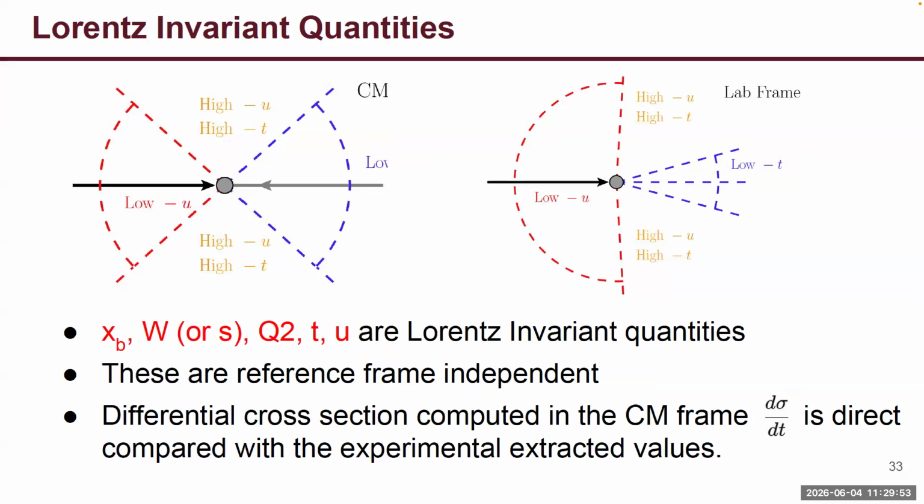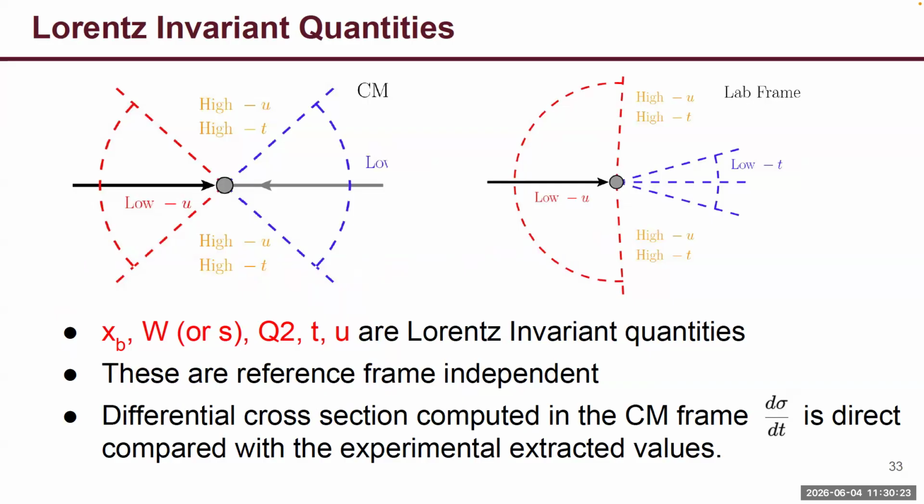Another very nice thing about these kinematic variables is that they are all Lorentz invariant quantities. So if our theory friend predicted some cross sections, they will say, hey, what do you need? You say, I need a differential cross section.